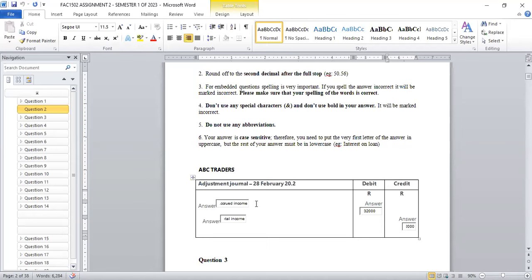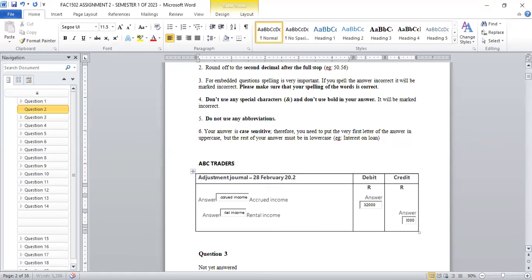Maybe let me just write somewhere here, so that if you don't see it, accrued income. Then this is rental income. The only challenge is that the system that marks your work is case sensitive. So if you write, I don't know if they're accepting rent income or rental income, it all depends. If they are accepting rental income, your answer will be correct.